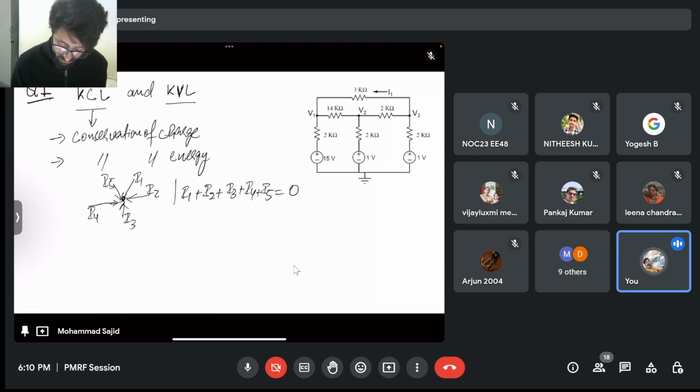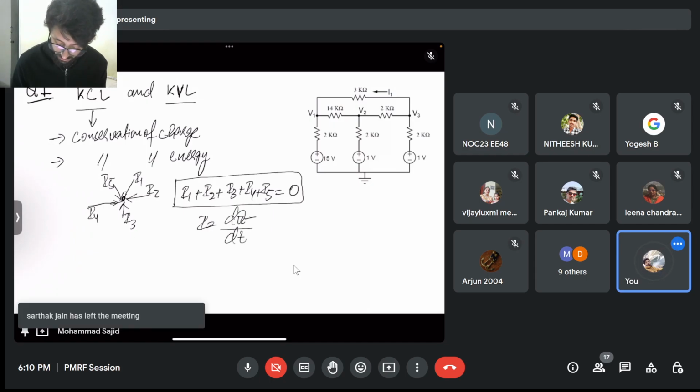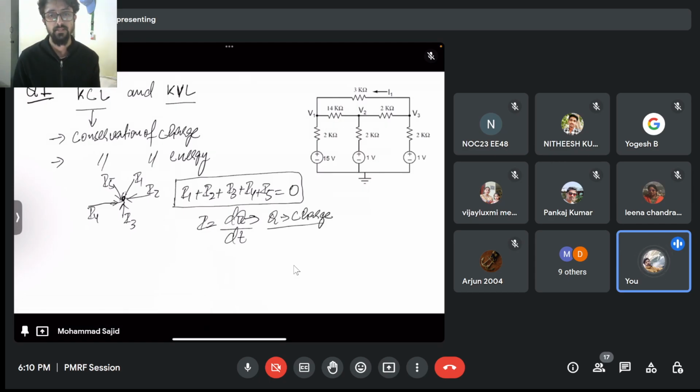This follows conservation of charge, because you define I as dq by dt. This is the definition for current, and here q is charge. You have heard that charge can neither be created nor destroyed, right? That is a conservation law, and Kirchhoff's current law is based on that.